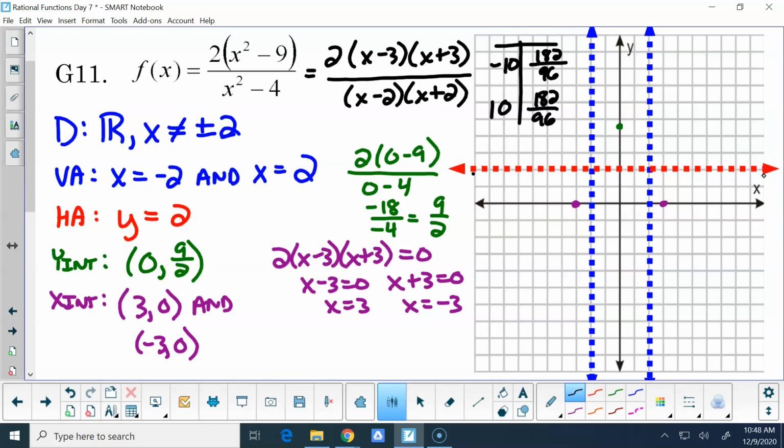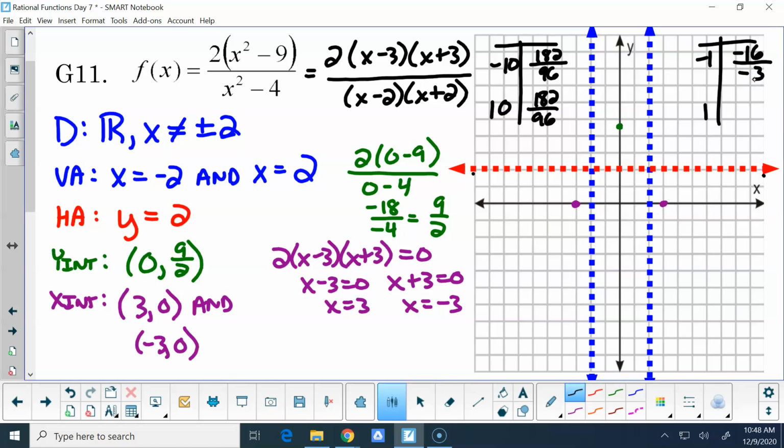Okay. So then that just leaves me this middle section of negative 1 and positive 1. 1 minus 9 is negative 8. 2 times negative 8 is negative 16. 1 minus 4 is negative 3.